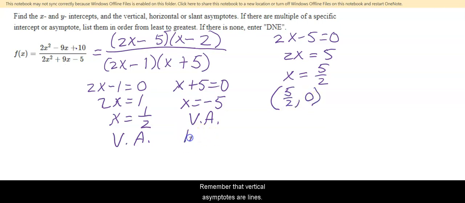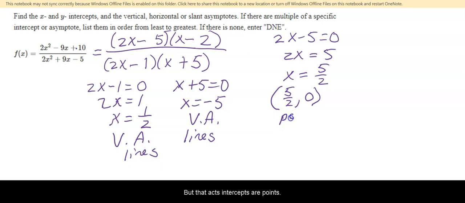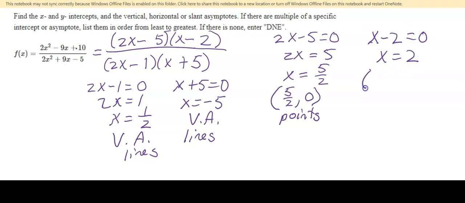Remember that vertical asymptotes are lines, but that x-intercepts are points. The other factor from the reduced numerator is x minus 2. Solving for its 0, I get x equal 2. This is the ordered pair, or the point 2, 0.